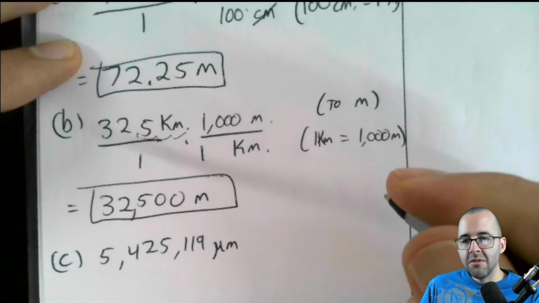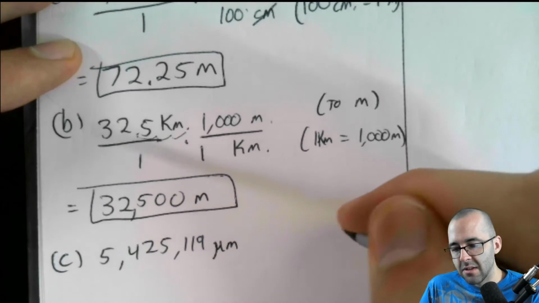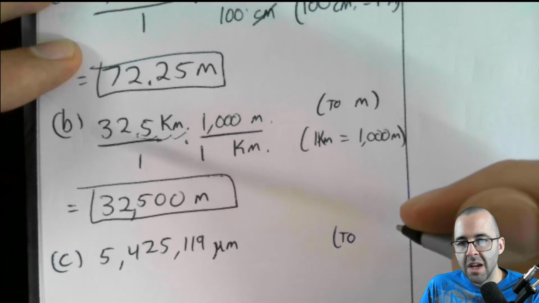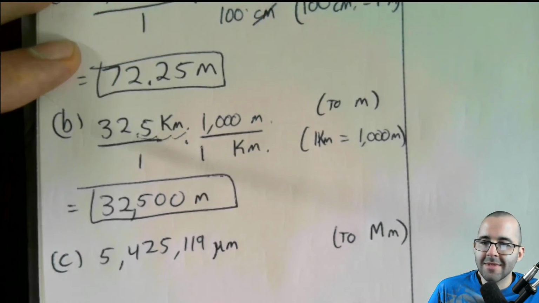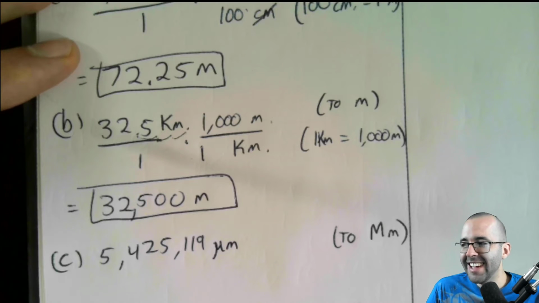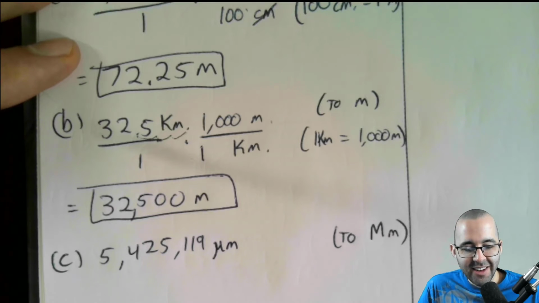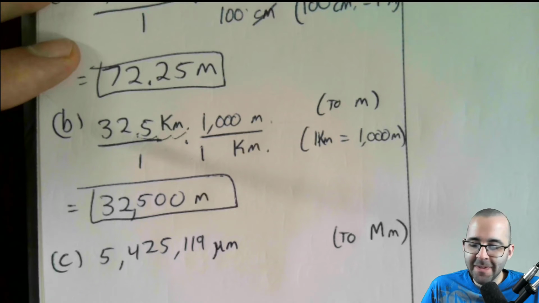I'm going to convert this to megameters. Megameters is capital M. Sounds so made up. I mean, the metric system literally is made up, right? It was made up to make sense. So I guess it is literally made up.